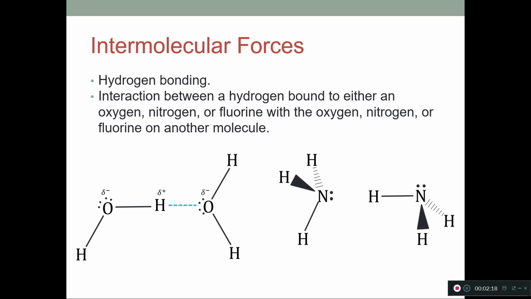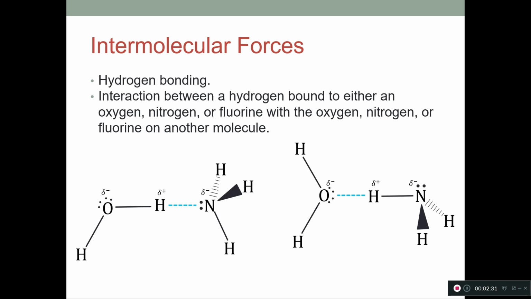Or if we have two ammonia molecules, again, we have a partial positive on the hydrogen and partial negative on the nitrogen, and so we can have an electrostatic interaction there. We could also switch it up where we have the partial positive on a water interacting with the partial negative on the nitrogen of an ammonia, or the partial negative on the water oxygen interacting with the partial positive on the hydrogen of an ammonia.